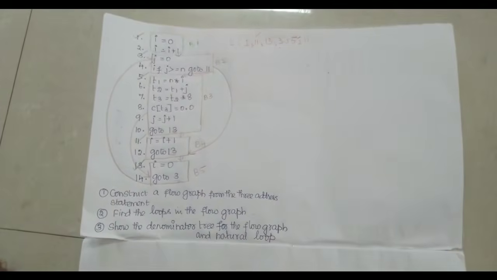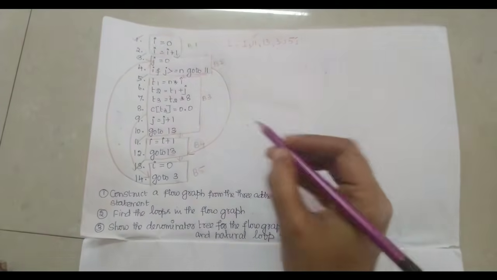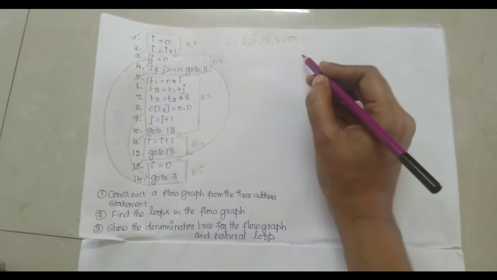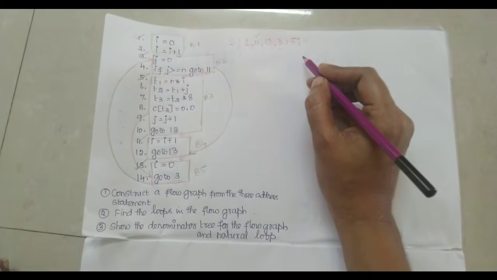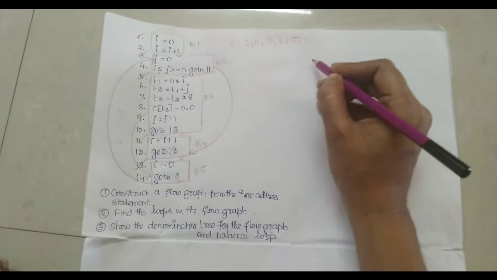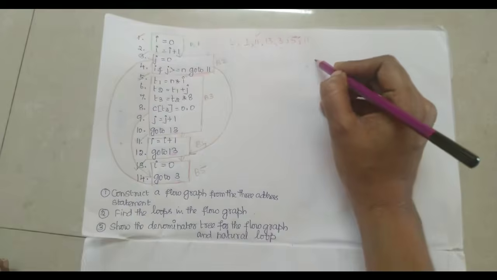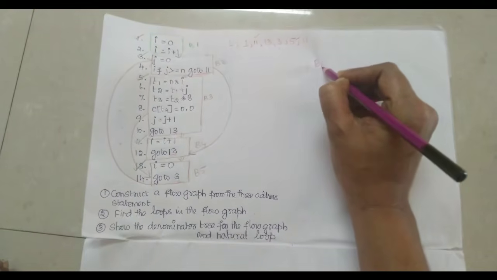Let us see how to construct a flow graph from the basic blocks. A flow graph is nothing but a graphical representation of the basic blocks. Here we are not including any statements, we are taking the basic block labels alone. So that is B1.